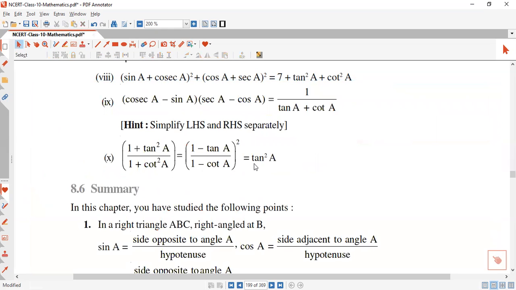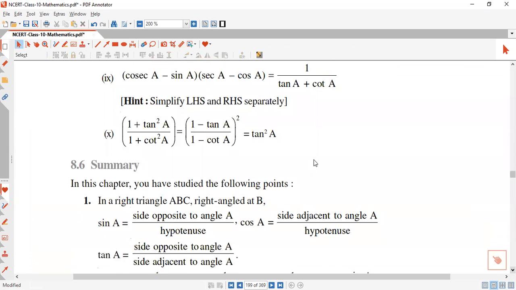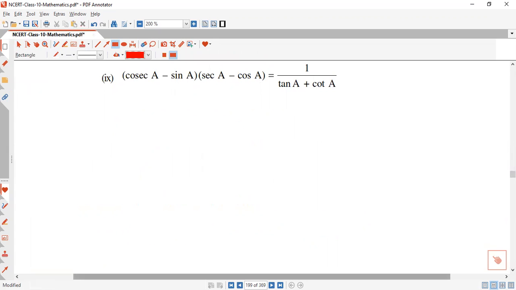Now, question number 9. Cosec A minus sin A and sec A minus cos A is equal to 1 upon tan A plus cot A. We are proving this one.